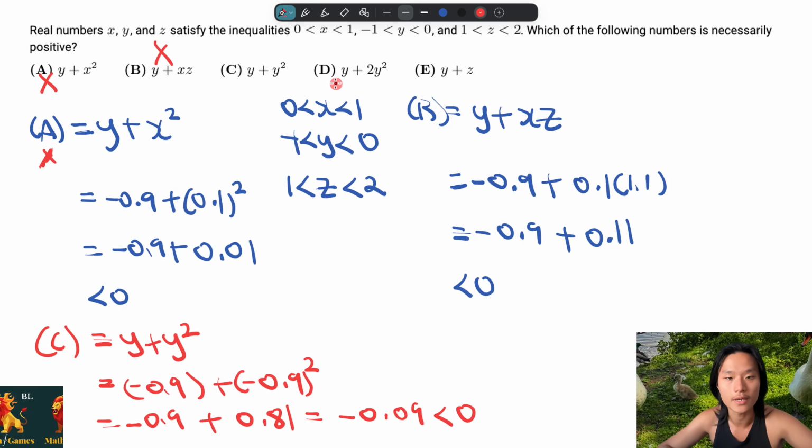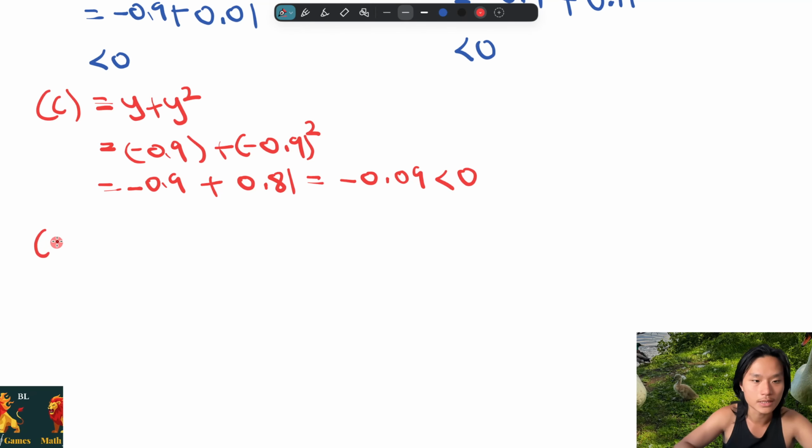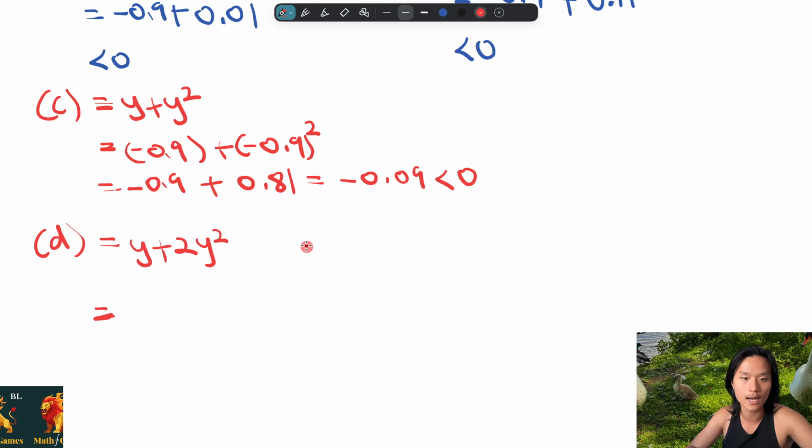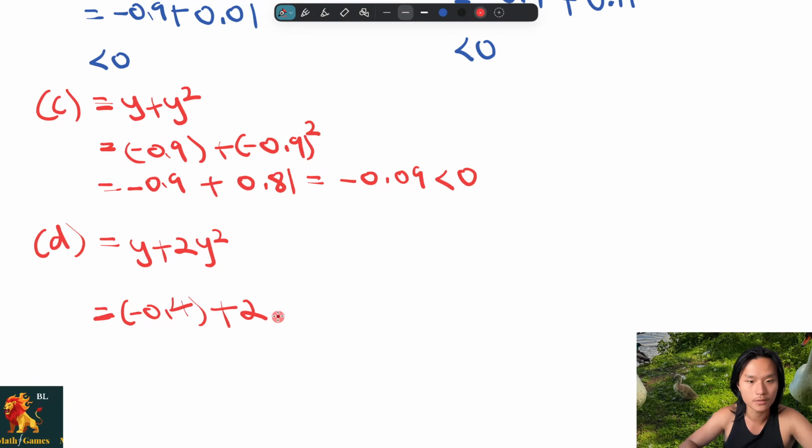So this is also negative, okay? And now we look at y plus 2y squared. So D equals y plus 2y squared. And let's say we pick y to be -0.4. So -0.4 plus 2 multiplied by -0.4 squared.